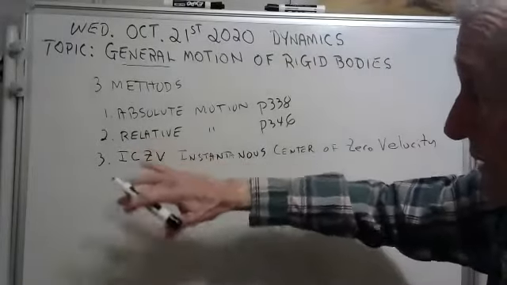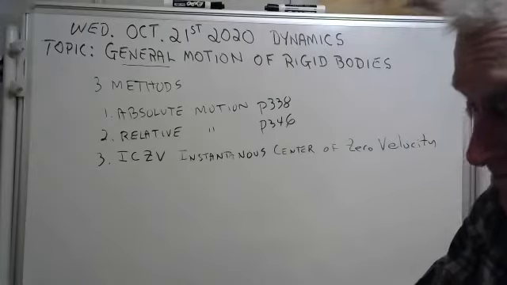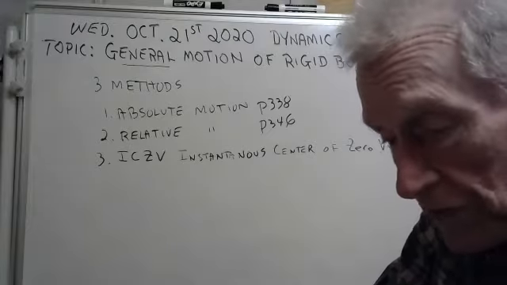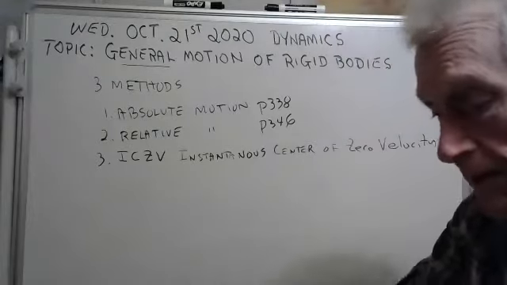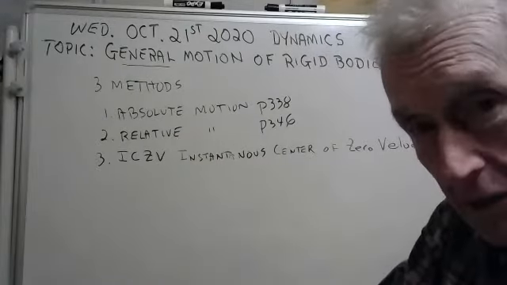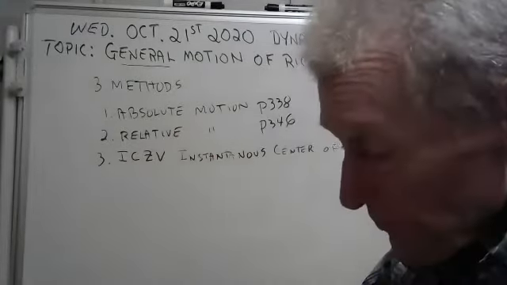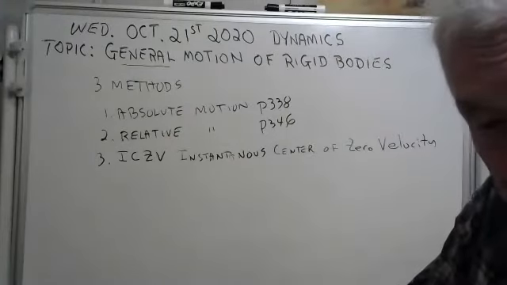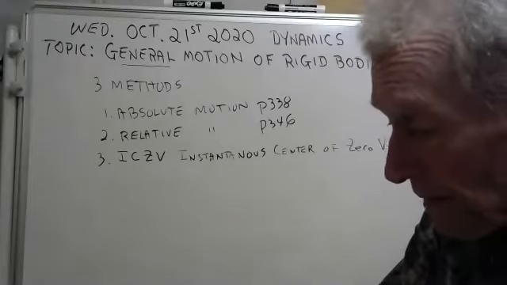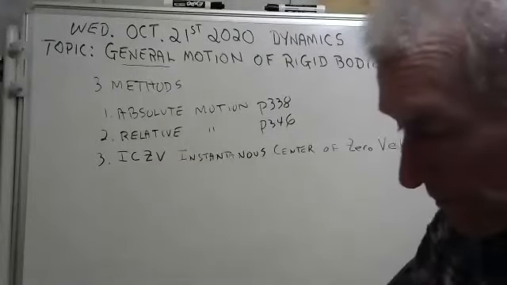Now the relative motion method might be a little easier unless you're not happy with drawing angles. It's more of a graphical method. You have to draw some angles and some distances. But if you're happy with geometry type stuff and sines and cosines, it's a pretty good method. And then the easiest method of all is the ICZV method.